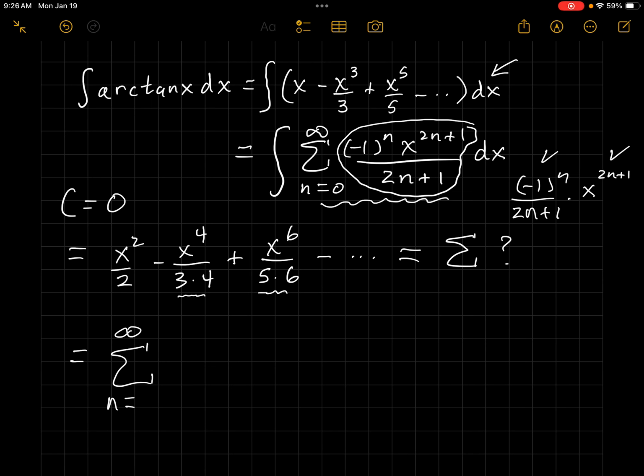The constant rule says just leave it alone when you integrate. And the power rule says add 1 to the power and divide by the new power.